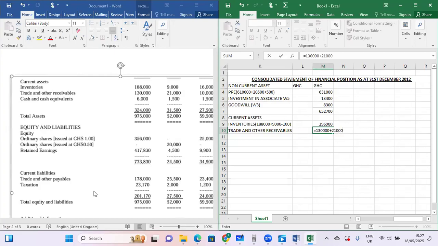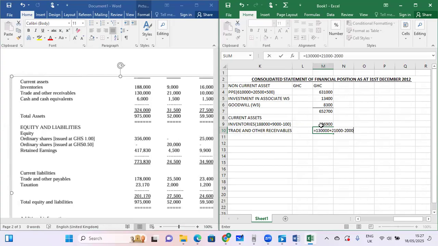If in the books of the parent, the associate was owing him, and in the books of the associate as well, they are owing the parent, we have to take that particular receivable out of the trade receivables. If the parent was owing the associate 2,000, then we will bring minus 2,000 here.